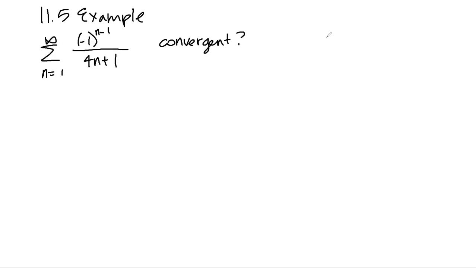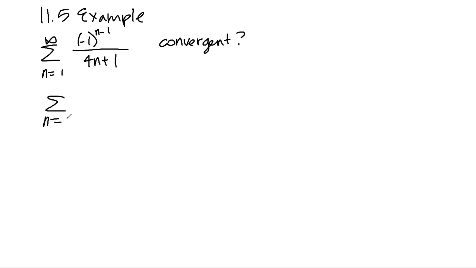So to satisfy the alternating series test, we would need to check, are the terms decreasing and is the limit of the terms 0? Before I do that though, I'm going to rewrite the question to look like the same format that we used in the section.